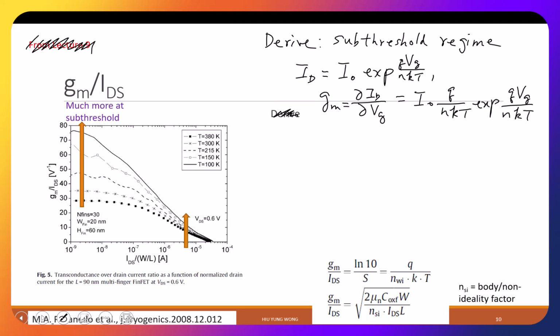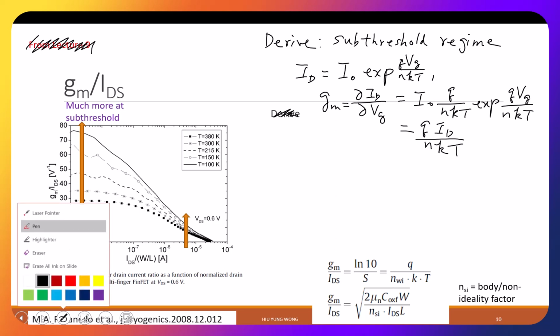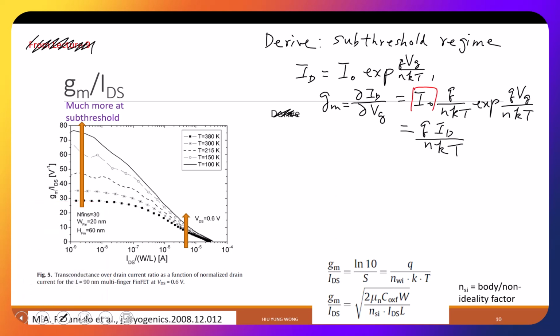You take the prefactor out, because it's partial VG, so whatever is there, not including partial VG, will be taken out. Then you see I0 exponential QVG over NKT is just ID. This one I need to write clearly. It is not I0, it is ID divided by NKT, because this term and this term are just ID.